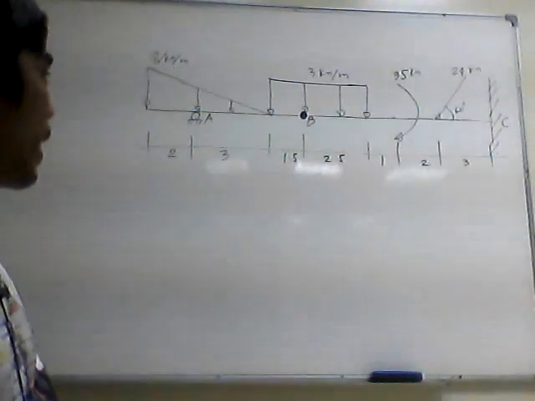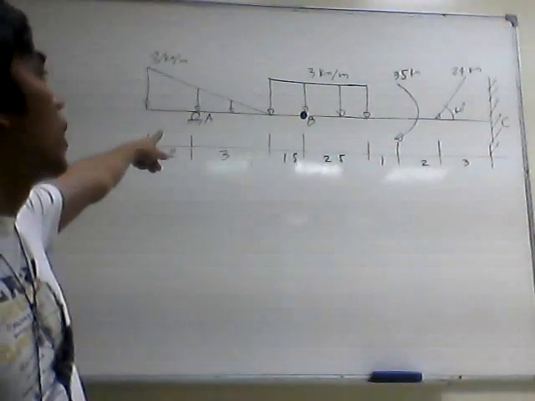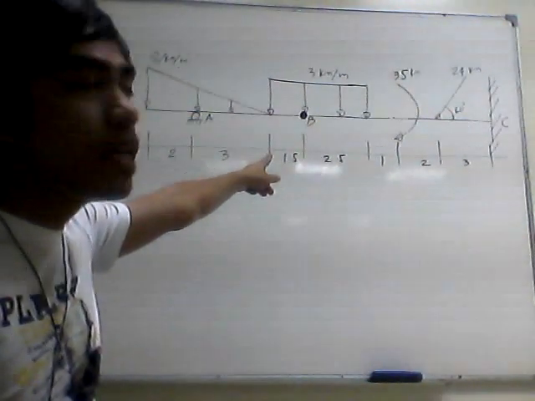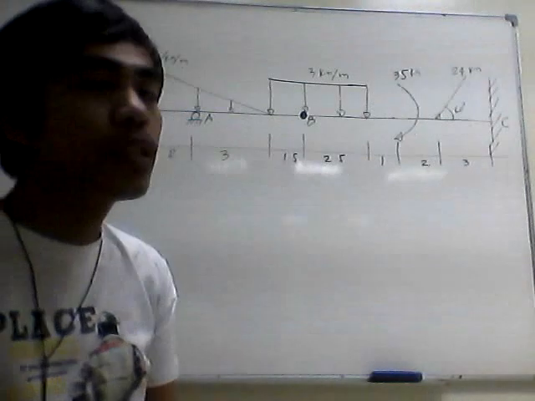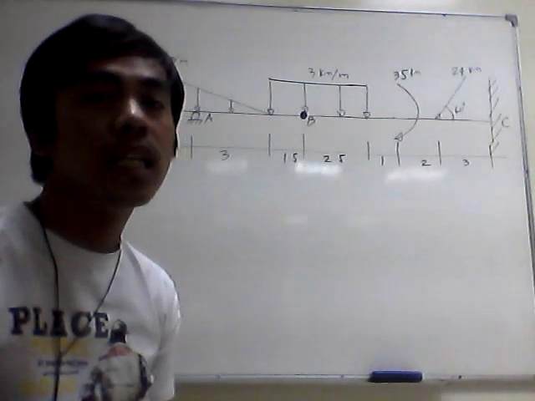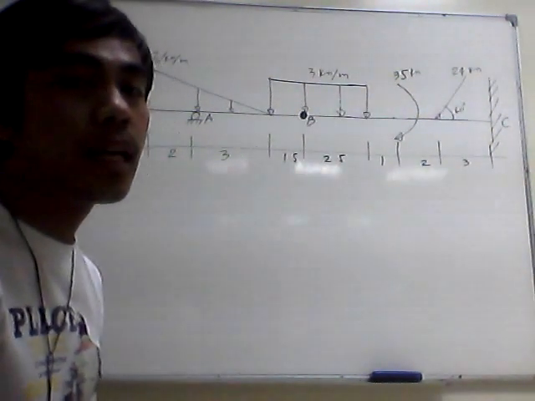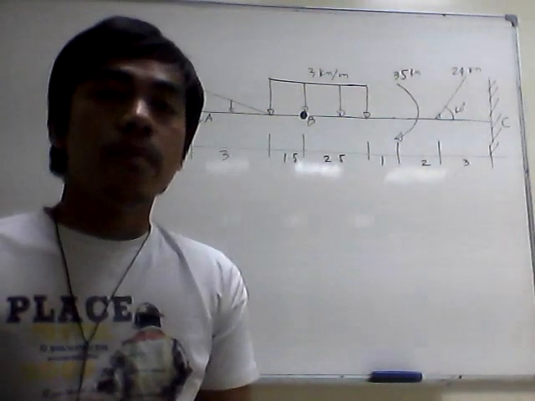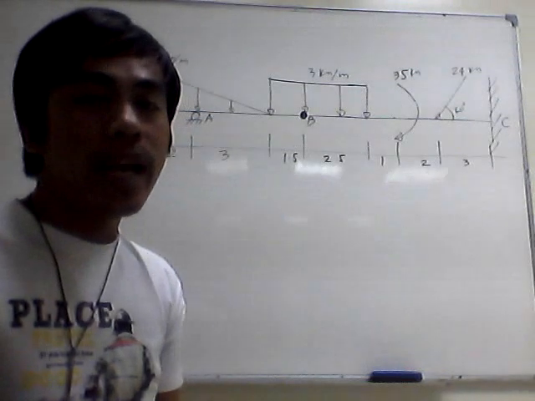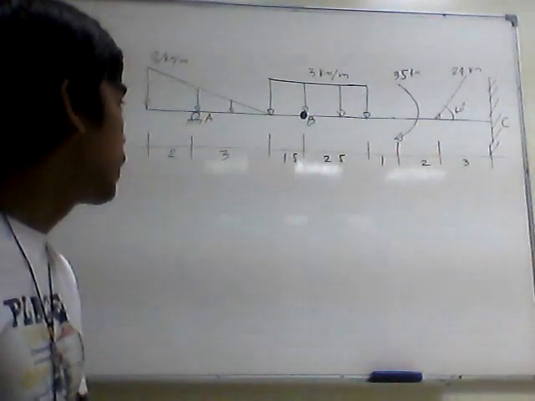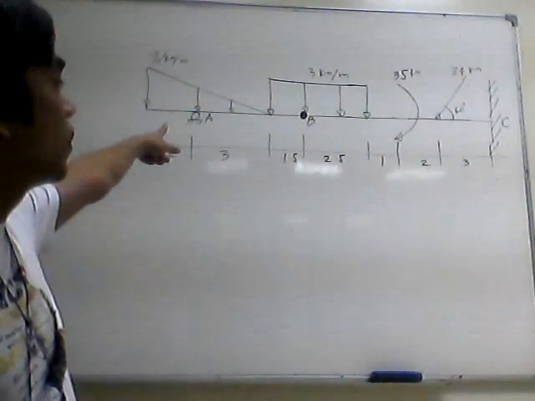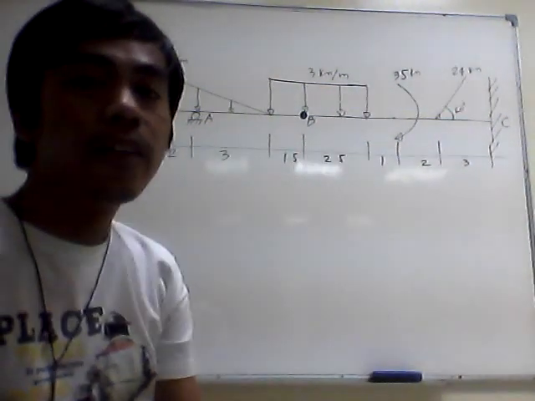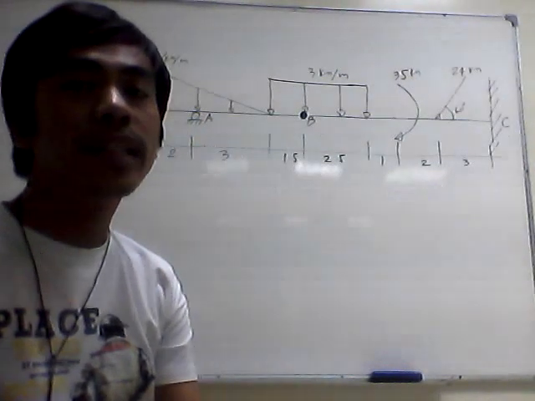In this case, we have a roller at A, an internal hinge at B, and a fixed support at C. This is classified as a statically determinate beam. Although we have 4 reactions to be solved, 1 at the roller at A and 3 at the fixed support at C. Why 3 at C?